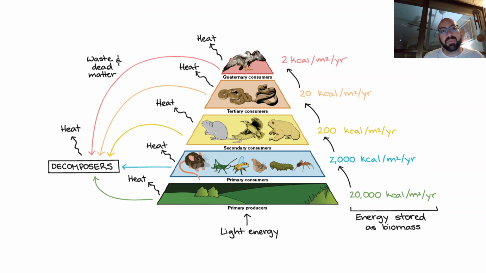This should be again a review, and what we see essentially is that with every step up in the community, within the food chain, we lose 10%, or a tenfold amount, of the energy. So we start off with 20,000 in plants, we go down to 2,000 in the primary consumers or the herbivores, to 200 in the secondary consumers, or the ones that eat insects and small herbivores, and upwards all the way to the apex predators that are storing a really small fraction of the amount of energy that the plants originally had.